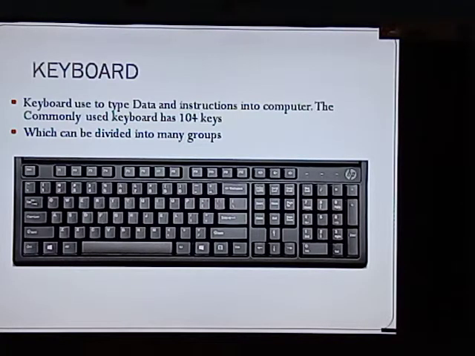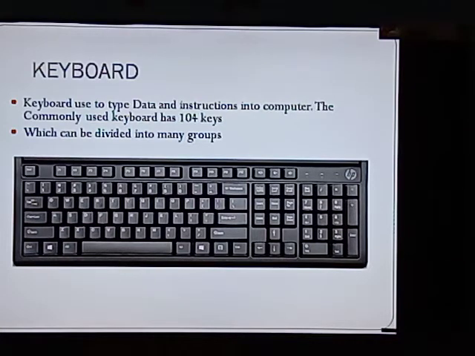This is a common keyboard which has 104 keys, and these keys are divided into different kinds of keys. Here they have shown that they can be divided into many groups. Like there are alphabet keys in your keyboard, there are number keys which are called numerical keys, and there are some special keys also.